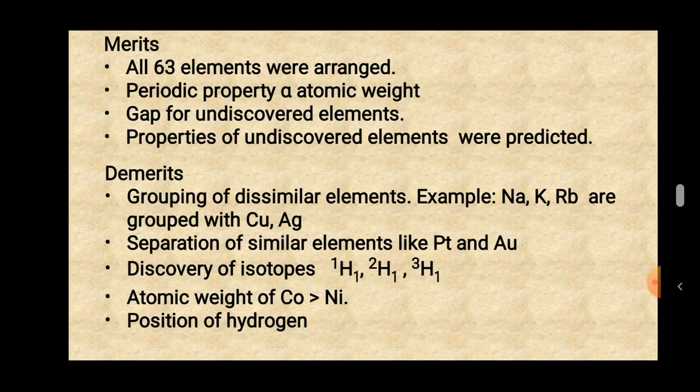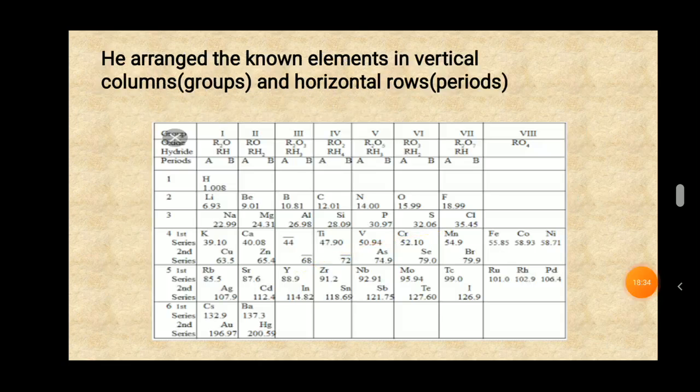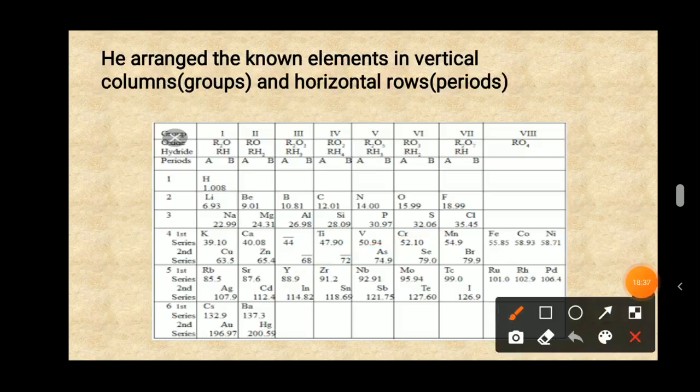Now what is the reason for the failure, or demerits? First, grouping of dissimilar elements. For example, sodium, potassium, rubidium are grouped with copper and silver. Now here you can see, in group number 1, lithium, sodium, potassium, rubidium, cesium.